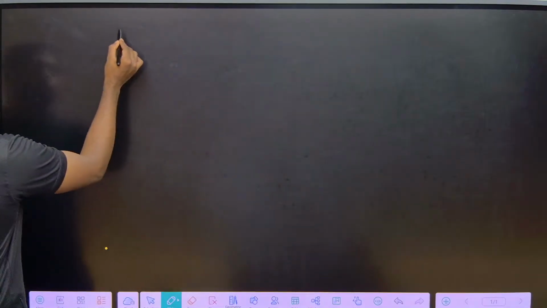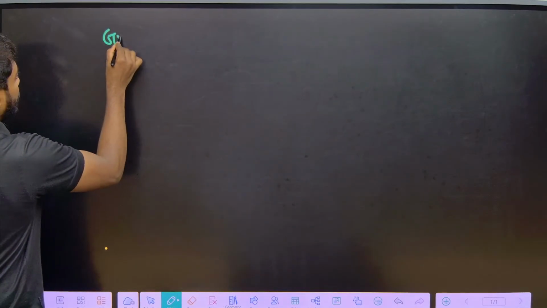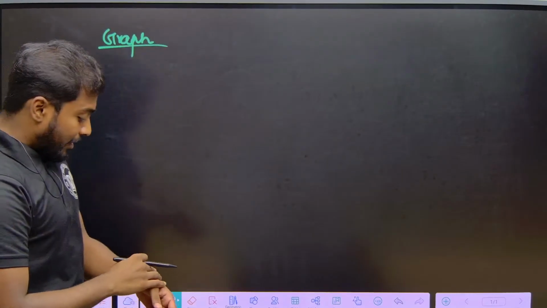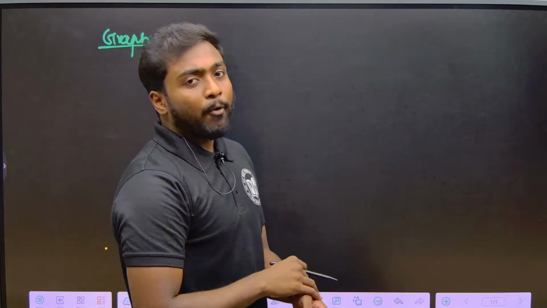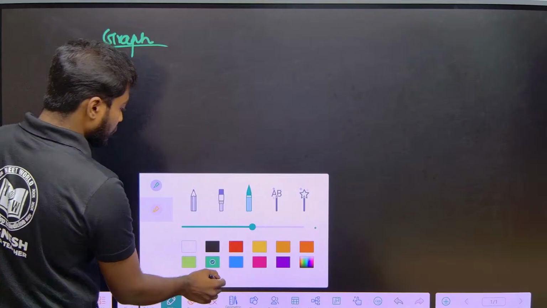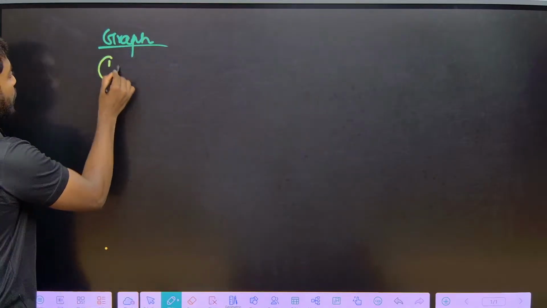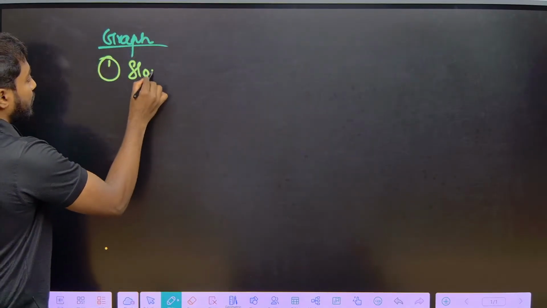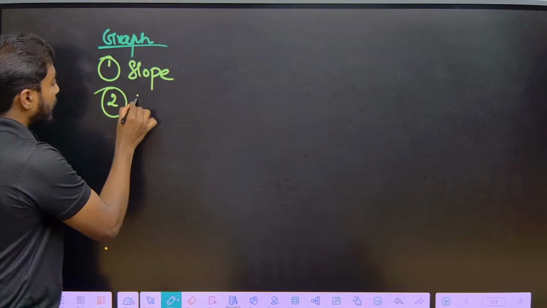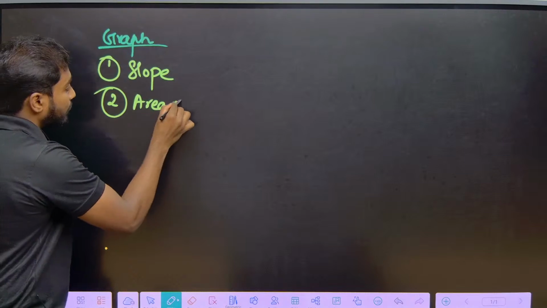First thing, graph. There are two important points in graph. The first point is slope. The second point is area under the graph.